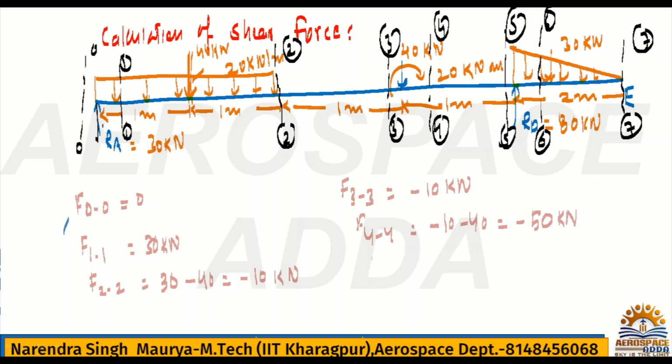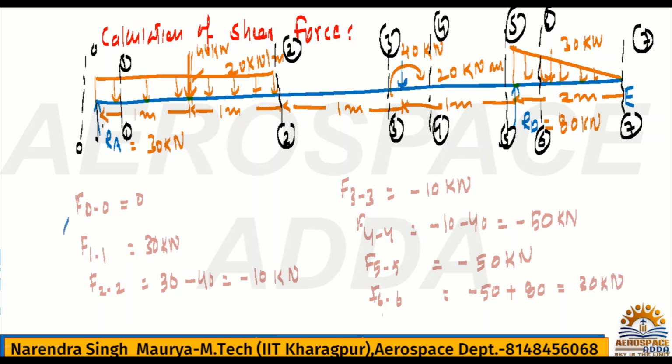Then we'll go to F55. Between 4 4 and 5 5 there is no load, so it is a similar value, 50. Coming to 6 6, once you reach 6 6, then RD will be considered, and that RD is in the upward direction, hence plus, becomes 30 kilonewton.